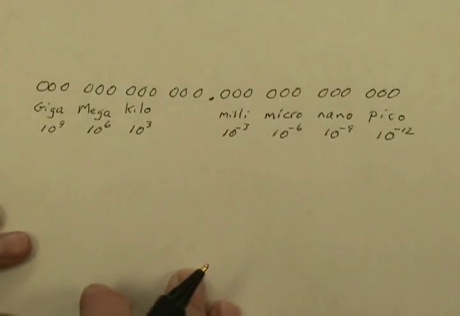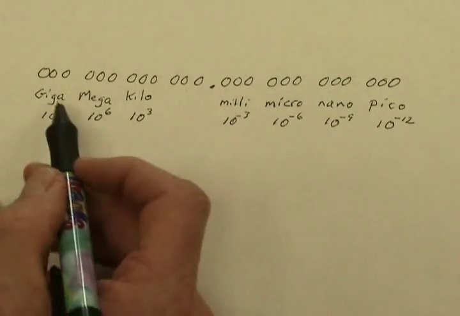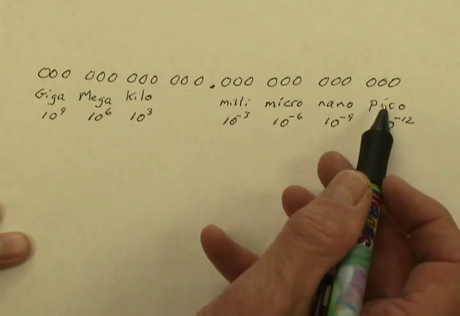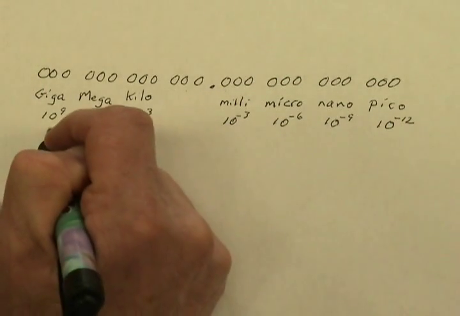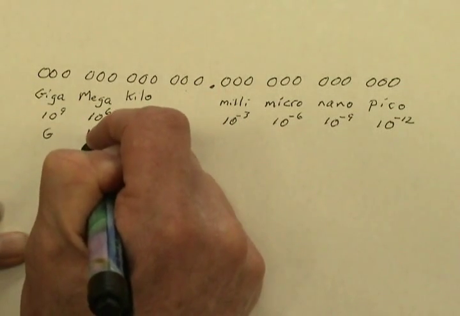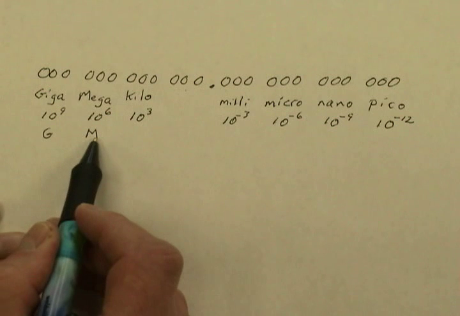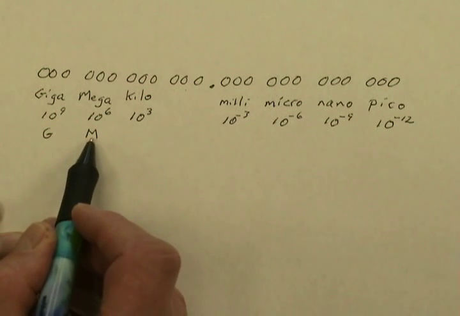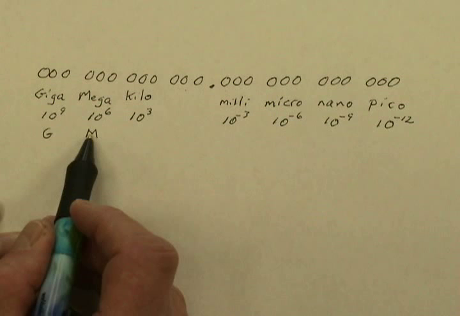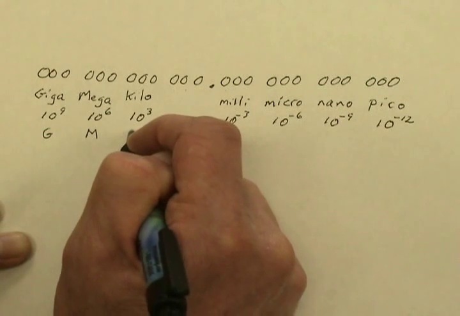We only have one thing left for this number line, and that is the abbreviations of all the prefixes. Giga, easy, capital G. Mega, capital M, and I'll ask that the center part of the M does not come all the way down to the line, like the sides of the M. Leave that center part up in the air like that, and that'll tell me that you've written a capital M. Kilo is a strange one.